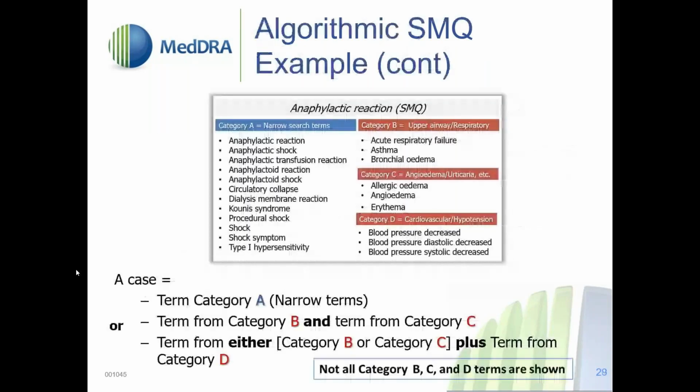So let's look at an example of the algorithmic SMQ anaphylactic reactions. And you see, and this is not the complete list of terms, of course, because it would not fit onto the screen, but you see that we have category A narrow search terms like anaphylactic reaction, anaphylactic shock, which are really very important for the condition of interest.